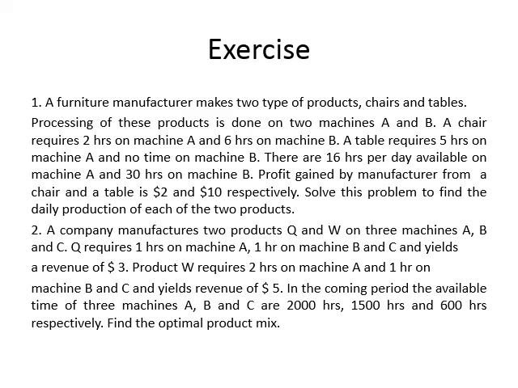Processing of these products is done on two machines, A and B. A chair requires 2 hours on machine A and 6 hours on machine B. A table requires 5 hours on machine A and no time on machine B. There are 16 hours per day available on machine A and 30 hours on machine B. Profit gained by the manufacturer from chair and table is $2 and $10 respectively.